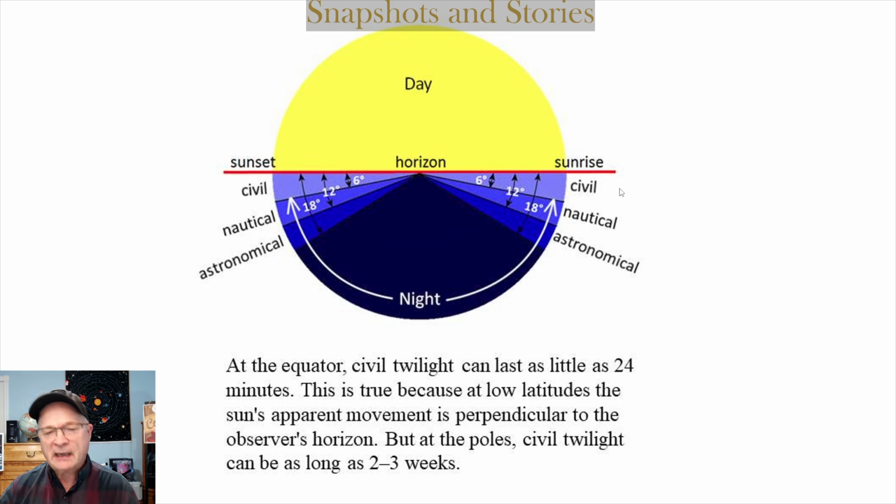Now, the reason that you're able to get the light on your foreground during this cycle is that we're going to be entering civil twilight. Civil twilight is basically the blue hour. That's where the sun has just dipped below, somewhere around 6 degrees below the horizon, and now we're starting to see that blue glow in the sky.